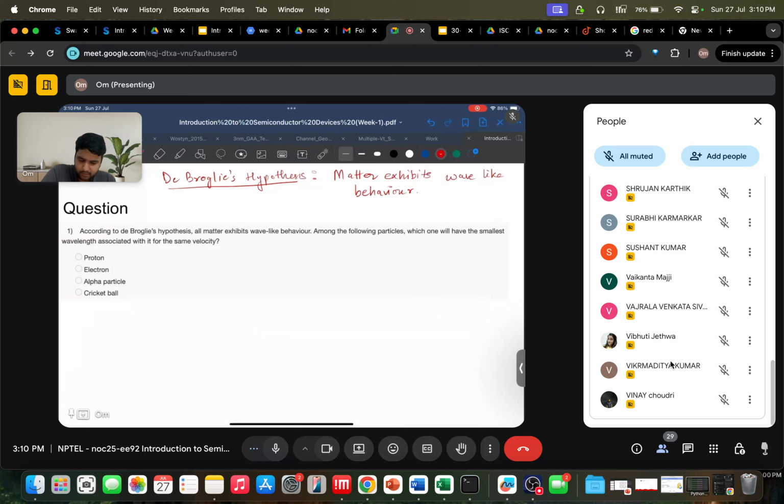What this means is that there are probability waves associated with every particle or every matter, and this wave-like behavior has a wavelength associated with it, where lambda is h upon p, or h upon mv. p is the momentum, h is Planck's constant, m is the mass, and v is the velocity.